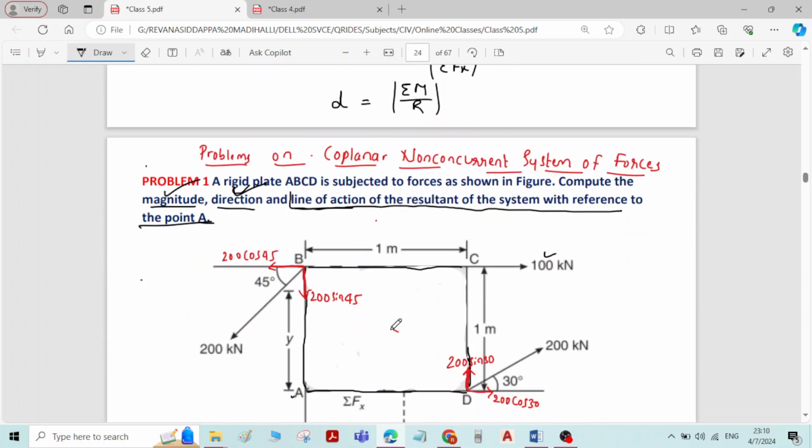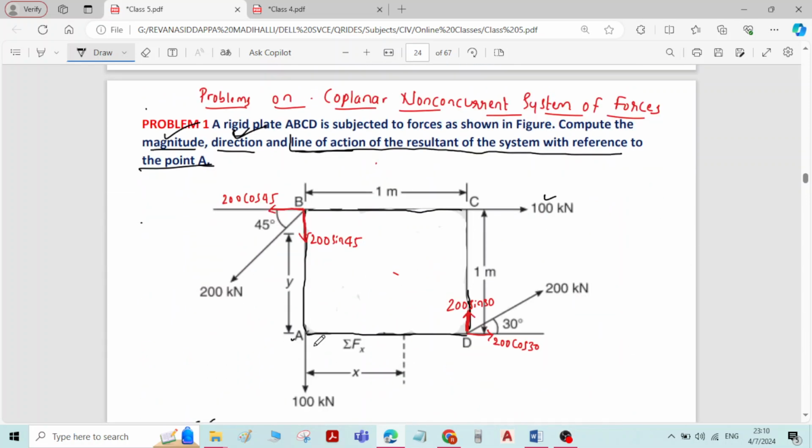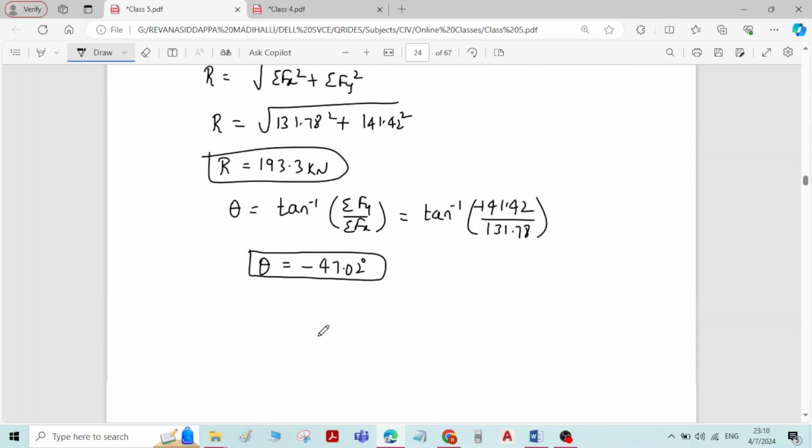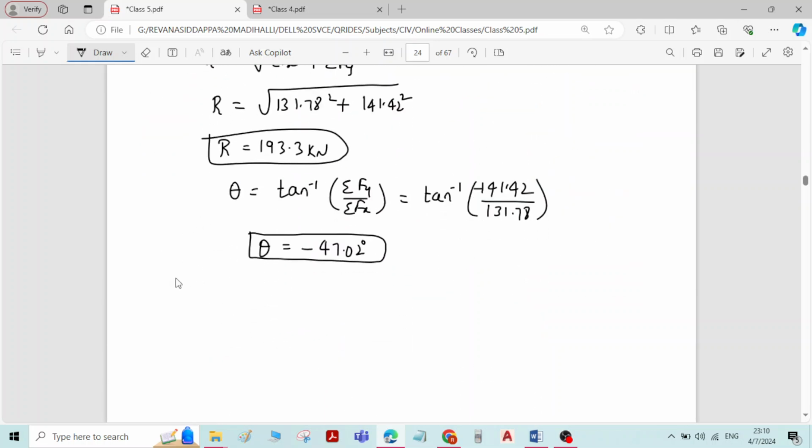Okay, so it is asked to find the position with respect to point A, means you have to find moment about point A, sum of moments of all the forces about point A. Okay, now you find sigma MA. What is sigma MA? Sum of moments of all the forces about the point A.